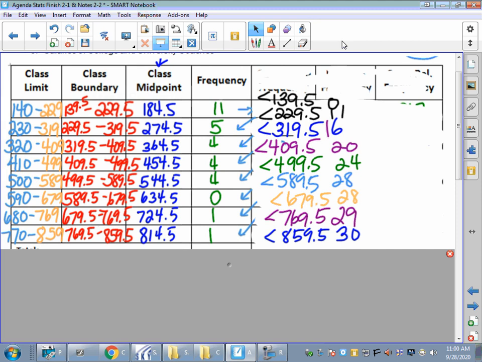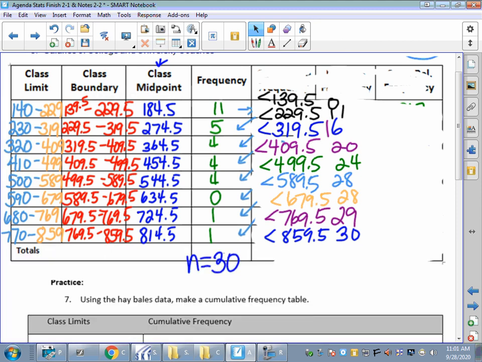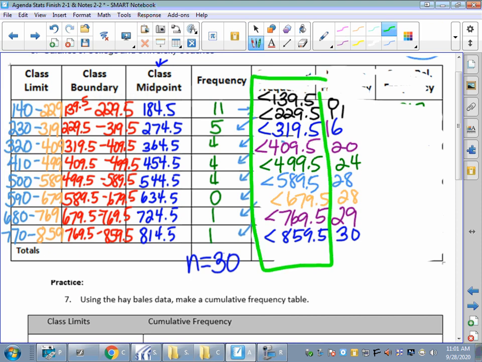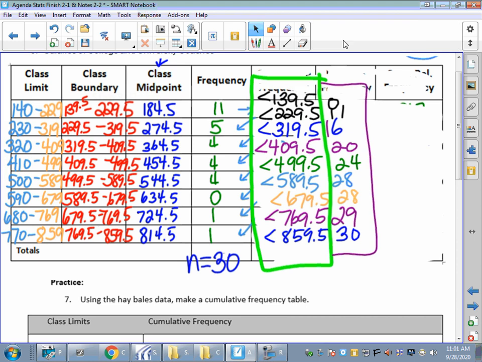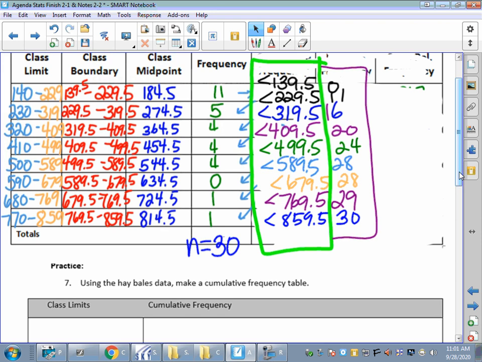So now here's my cumulative frequency, and I use these boundaries instead of my class limits. You still have to know your class limits. You have to figure out what the boundaries are, and then you go from there. I won't ask you to make many of those, but it gives you an idea of what they look like. It also is a refresher, hopefully, for those relative frequencies.